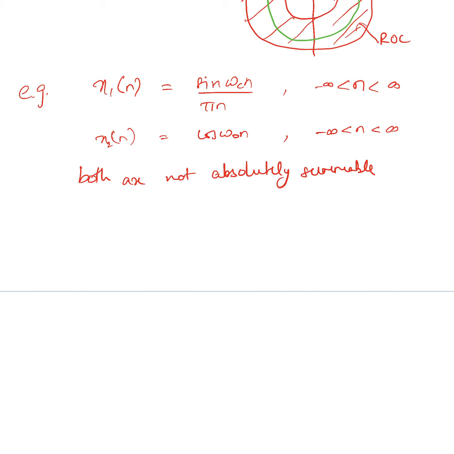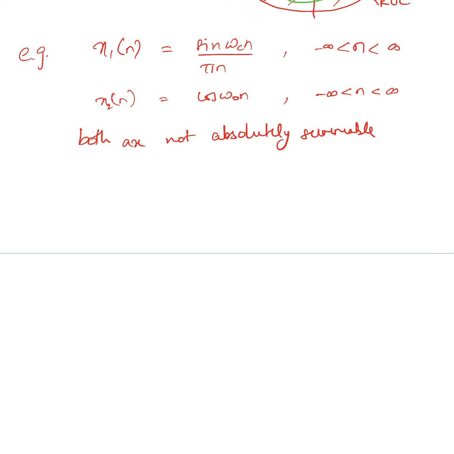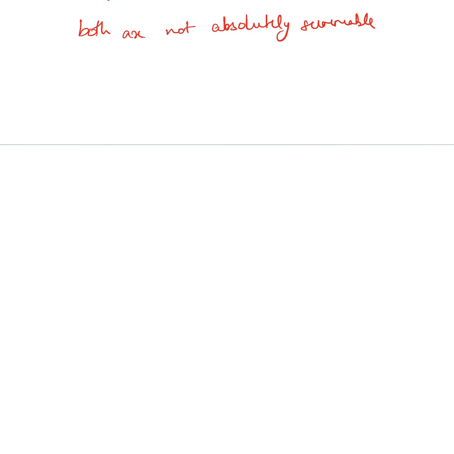But you will notice that x of n is of finite energy. Although it is not absolutely summable, it is square summable, meaning it has finite energy. So what do we mean by square summable?